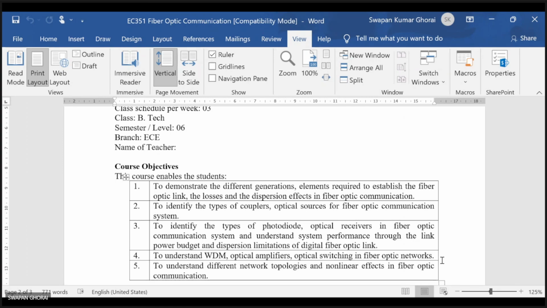Generally LED sources are used, but when you want to cover a longer distance or many more stations, laser sources are used. When you use laser sources, several nonlinear effects appear, like the stimulated Raman effect and the stimulated Brillouin effect.